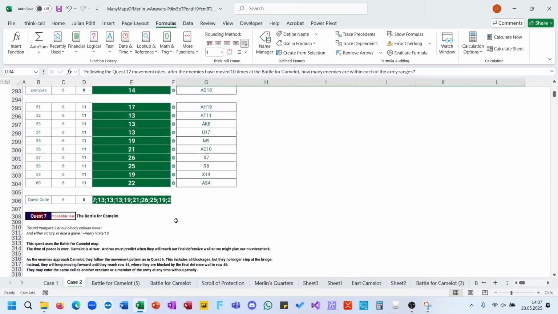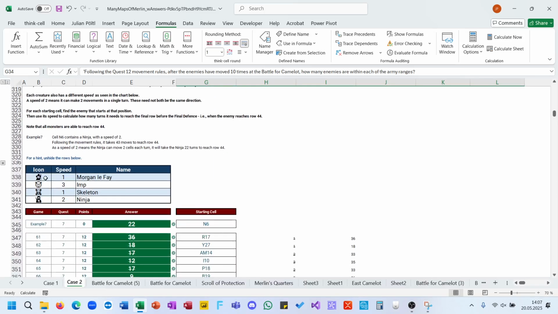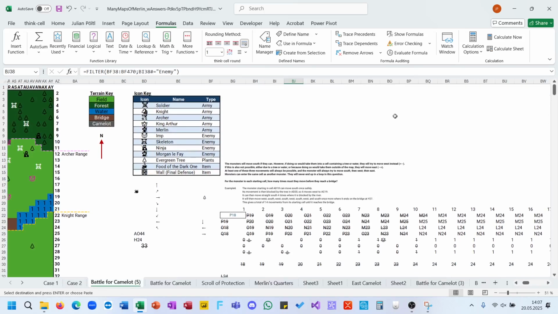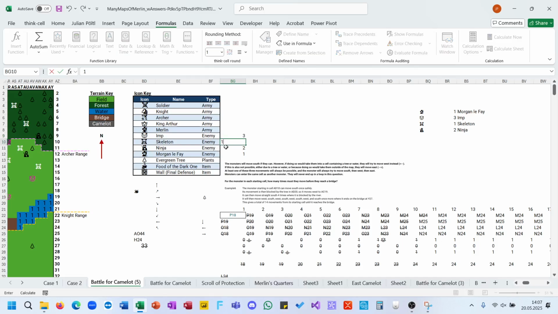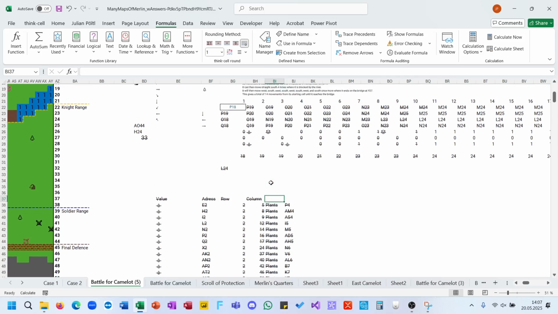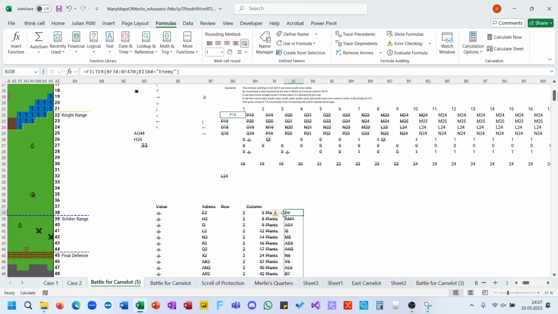This is horrible. A Morgan is 1, Ninja is 2, 3, and Skeleton is 1.